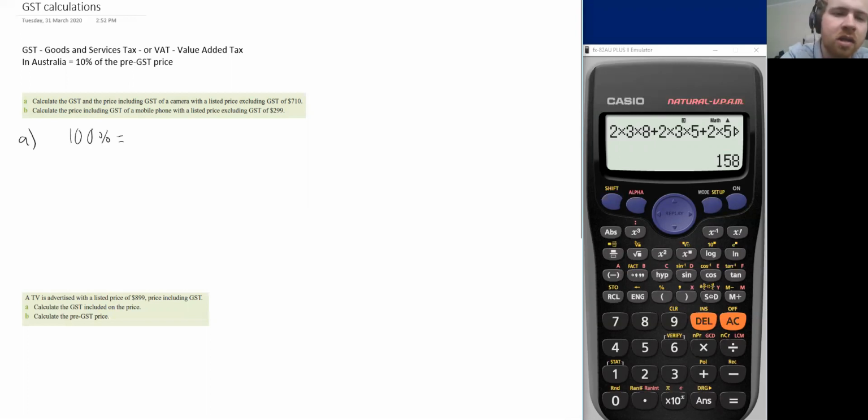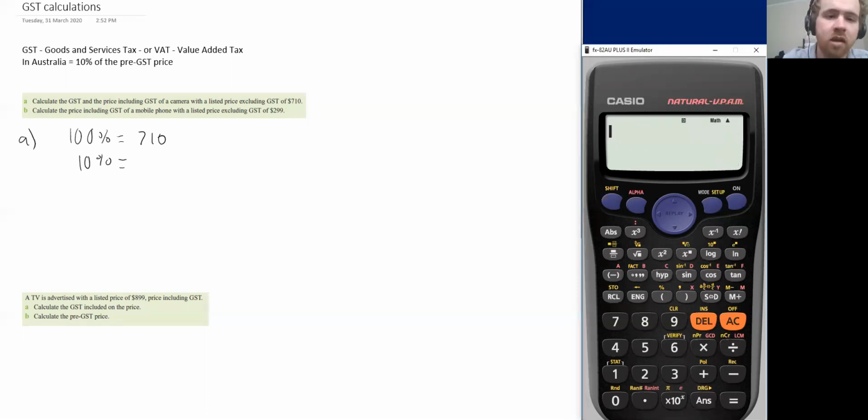So 100% equals 710. And if we're trying to find the GST, we want to find what 10% is. So if 100% is 710, then 10% is going to be that divided by 10.